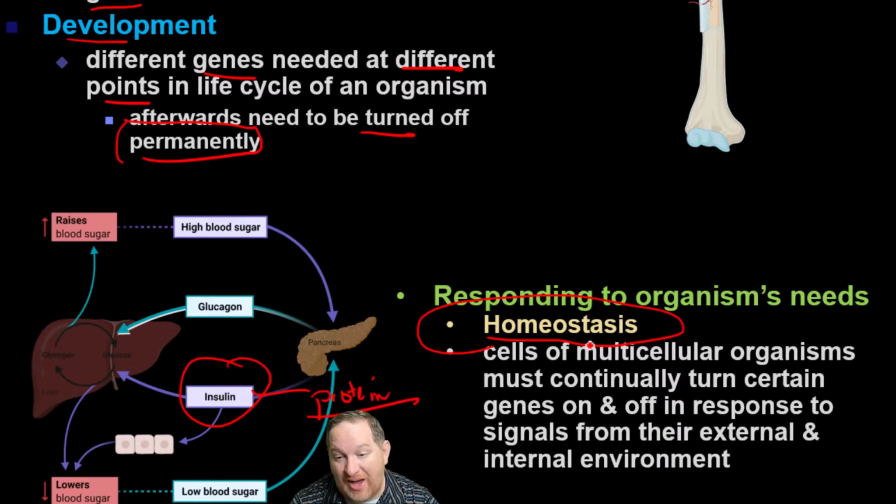Well, so how do we do that? The body, in its effort to maintain homeostasis, will turn certain genes on and off in response to a signal, high blood sugar, low blood sugar, that it receives from the environment to know whether or not we need to make that protein. So if genes ultimately make proteins, genes can be turned on and off if we need that protein to be made.